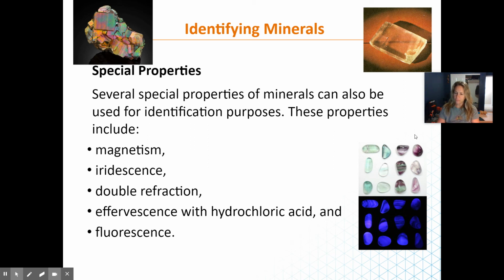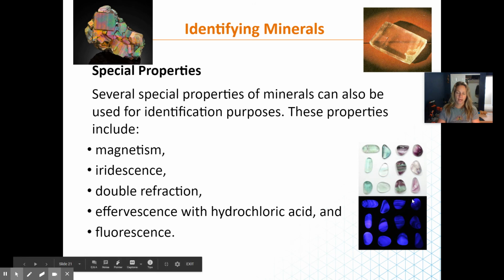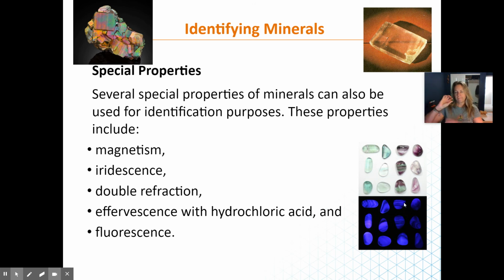And then we've got agates. Sometimes agates can be pretty cool. And then this is fluorescence. So notice how under a, not black light, but under a UV light, they will actually reflect. Kind of like if you have stars, or maybe when you were little and you used to have stars on your ceiling and they would absorb light. And then when you turn lights off, they would light up still.